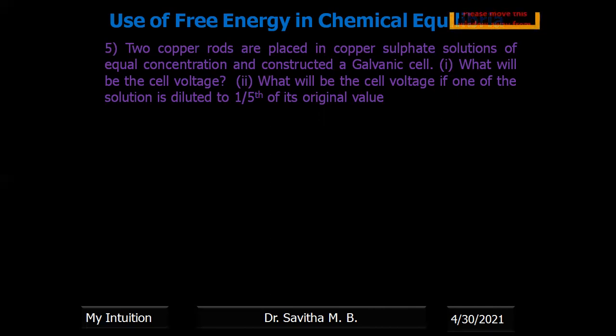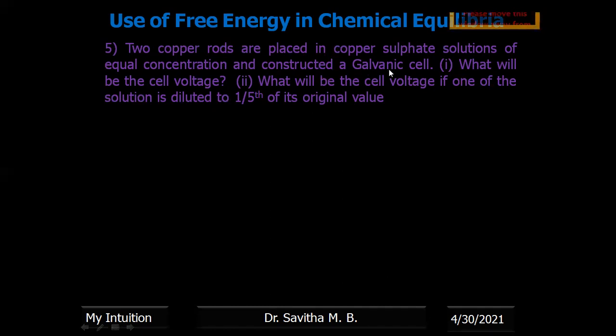Now the next type of problem is: two copper electrodes are placed in copper sulfate solutions of equal concentration and a galvanic cell is constructed. What will be the cell potential if one of the solutions is diluted to 1/5 of the original value? So two copper rods are placed in copper sulfate solution of equal concentration.